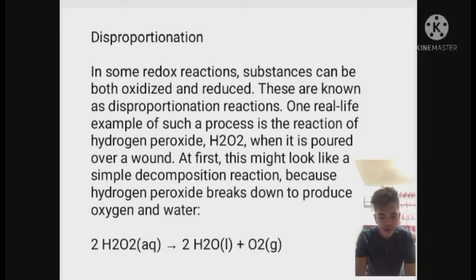One real-life example of such a process is the reaction of hydrogen peroxide, H2O2, when it is poured over a wound. At first, this might look like a simple decomposition reaction, because hydrogen peroxide breaks down to produce oxygen and water.